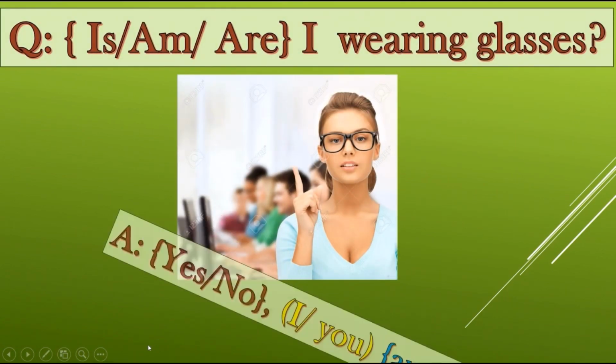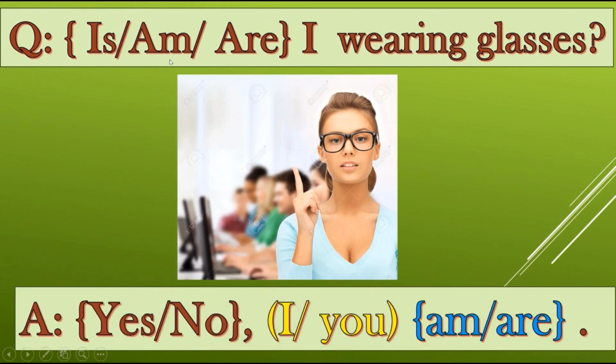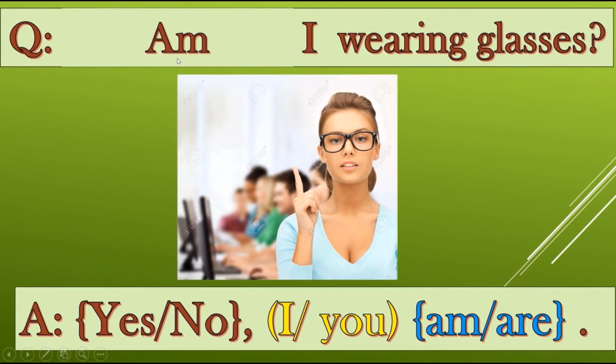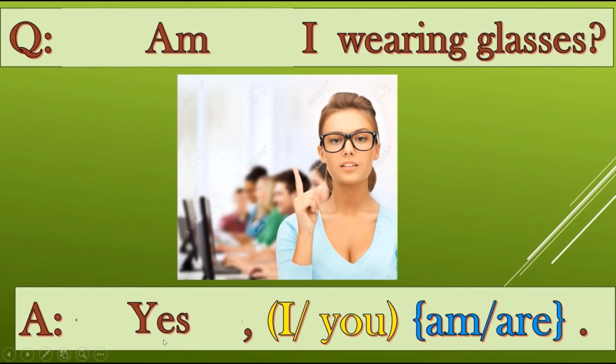Okay, next we have, all right, here, what is the question word? Are I wearing glasses? What would be the answer? Is it am, or is it are? Okay, you have to look at the subject first. The subject is I. Okay, so I always goes with am. Therefore, the question should be, am I wearing glasses? Now, what would be the answer? You look at the picture. Yes or no? It should be yes.